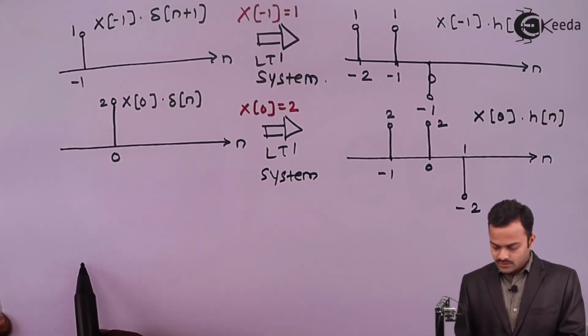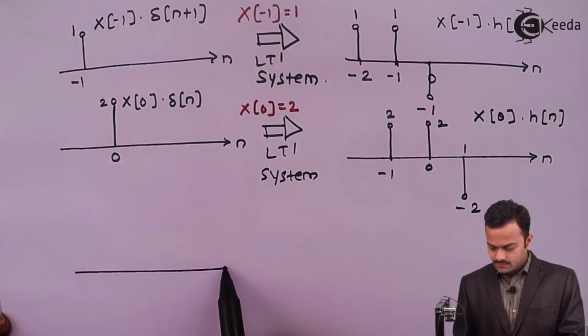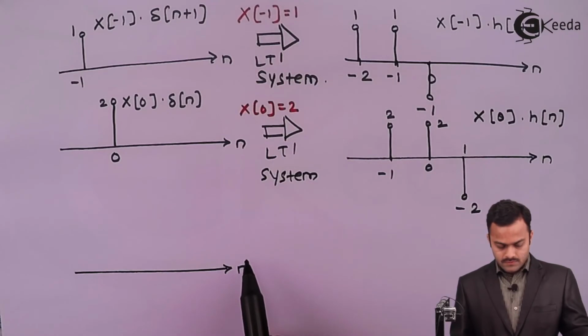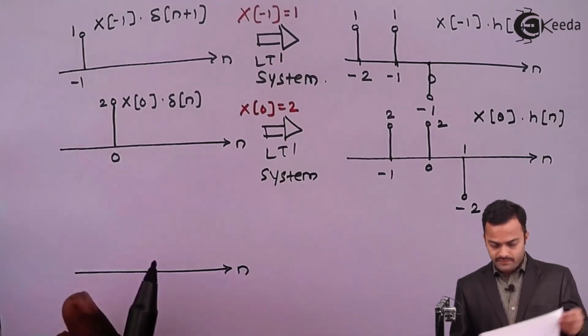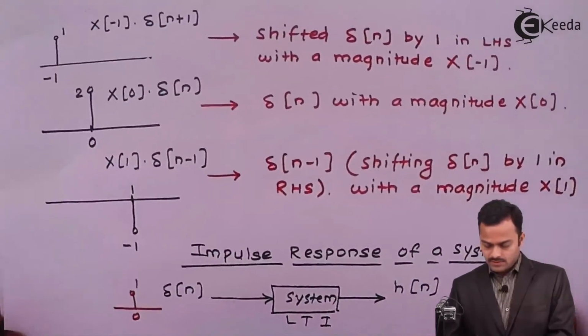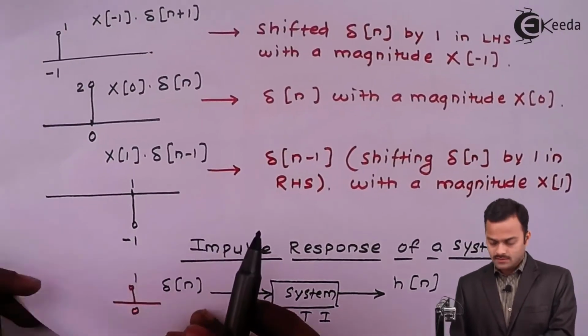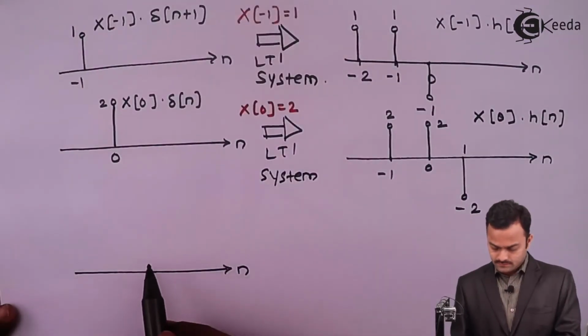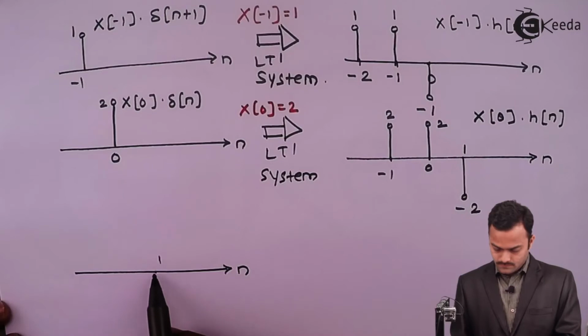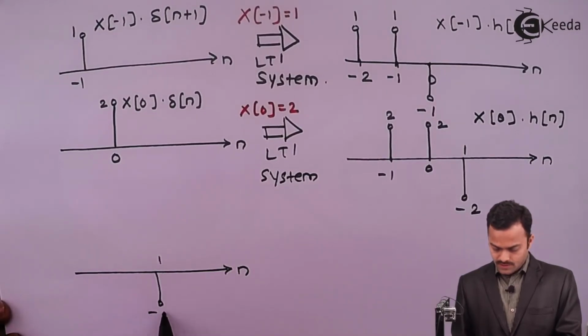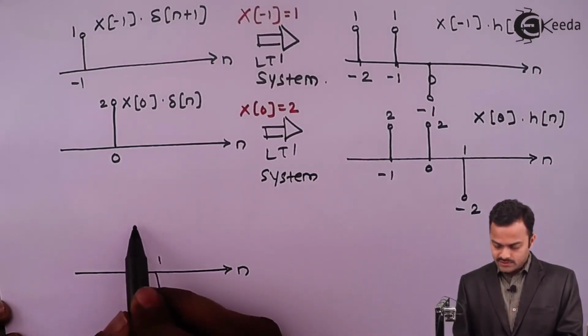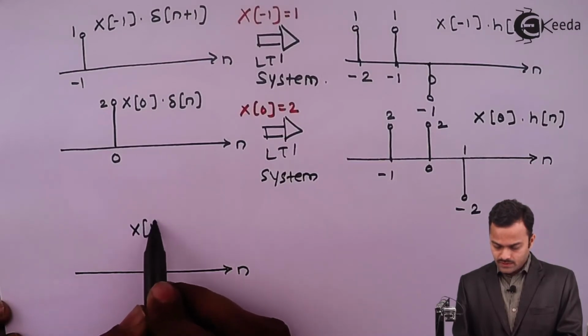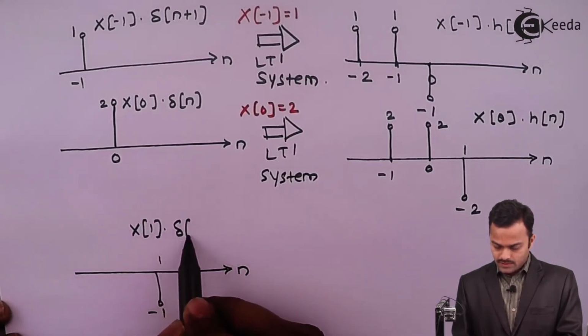Let's go ahead to the third signal now, which is having the magnitude -1 at n equal to 1. Like this, but actually this is x of 1 into delta n minus 1.